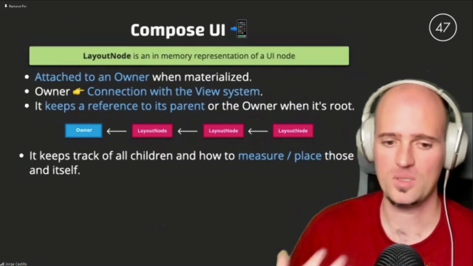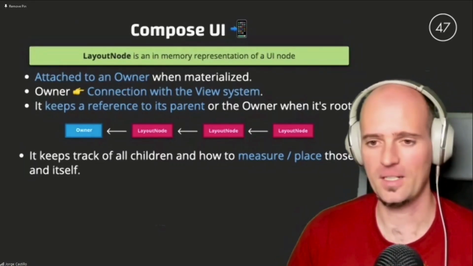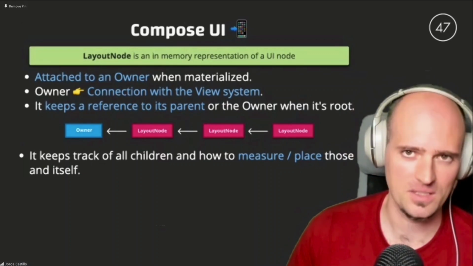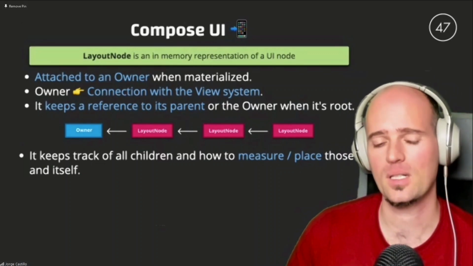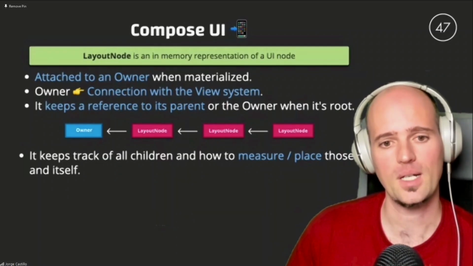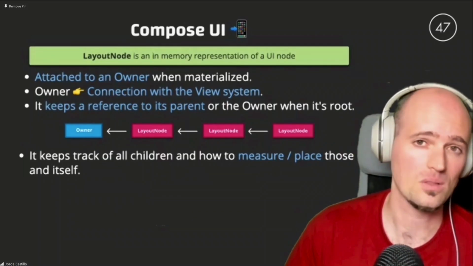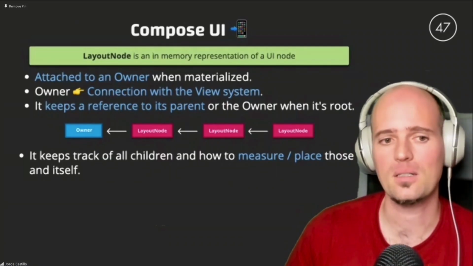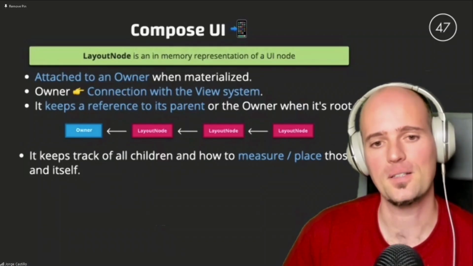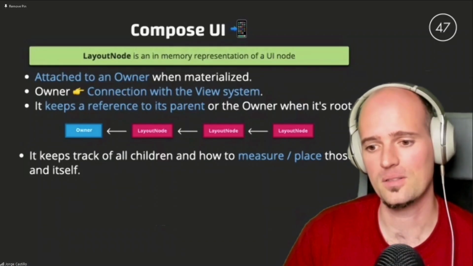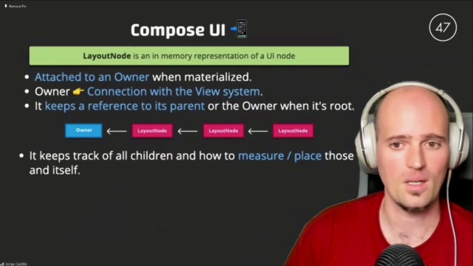And the layout node keeps all this information about the layout regarding how it needs to measure itself and its children. It keeps a list of its children. It also keeps track of all these APIs for right-to-left rendering, the set index for positioning the elements by depth, and all that kind of stuff.